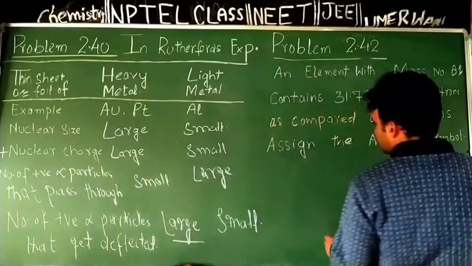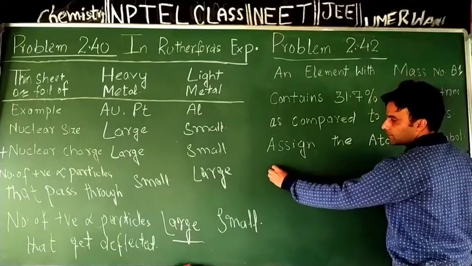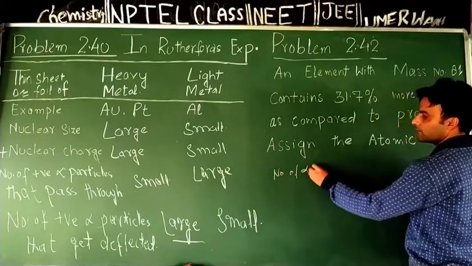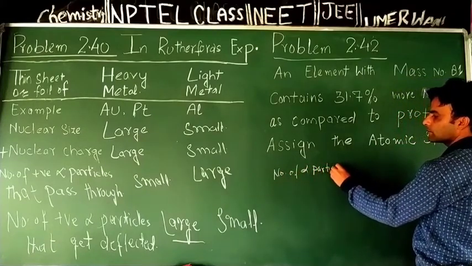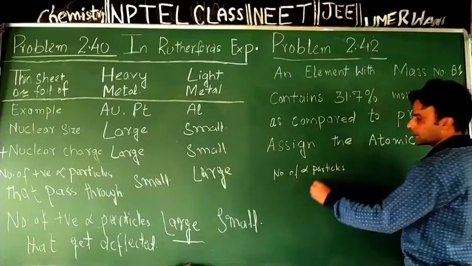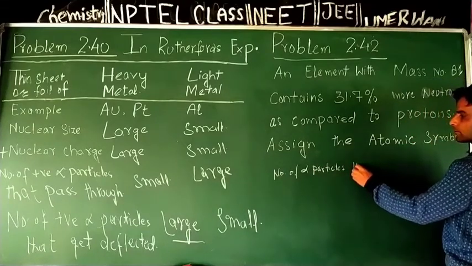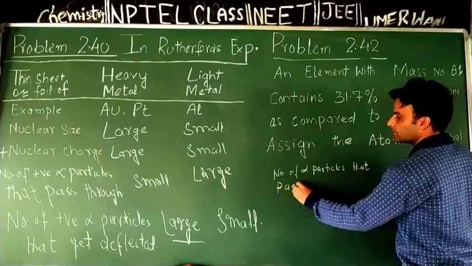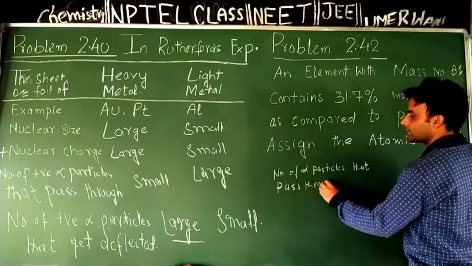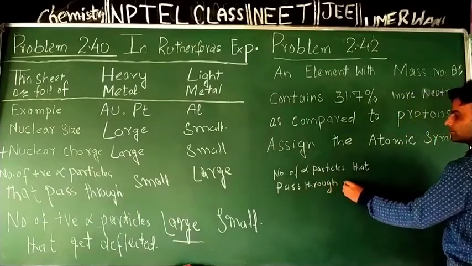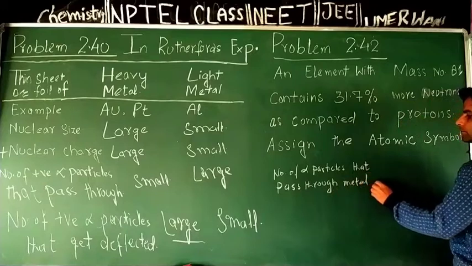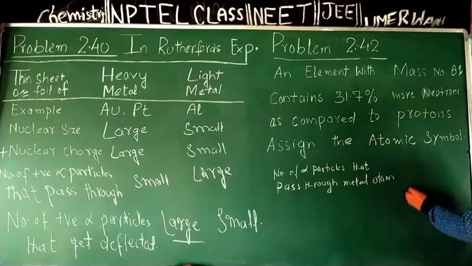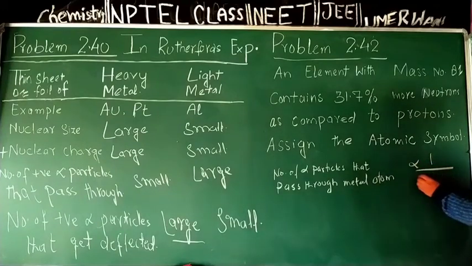So from here, two ideas to take are these. First, the number of alpha particles that pass through a metal atom is inversely related to nuclear size.